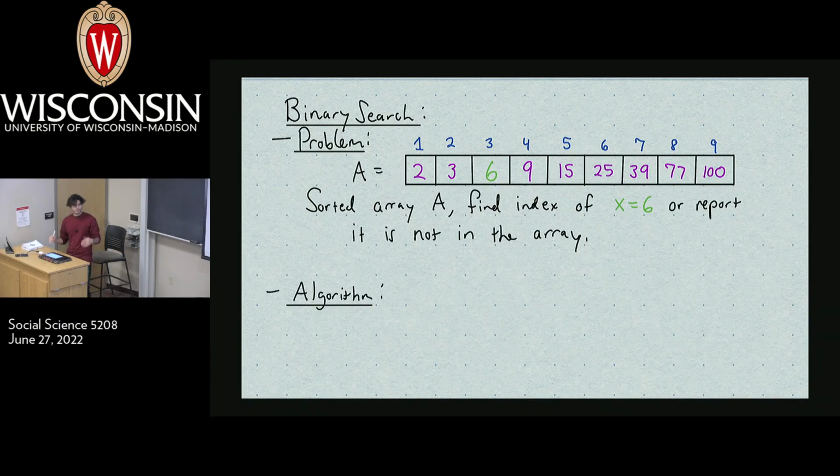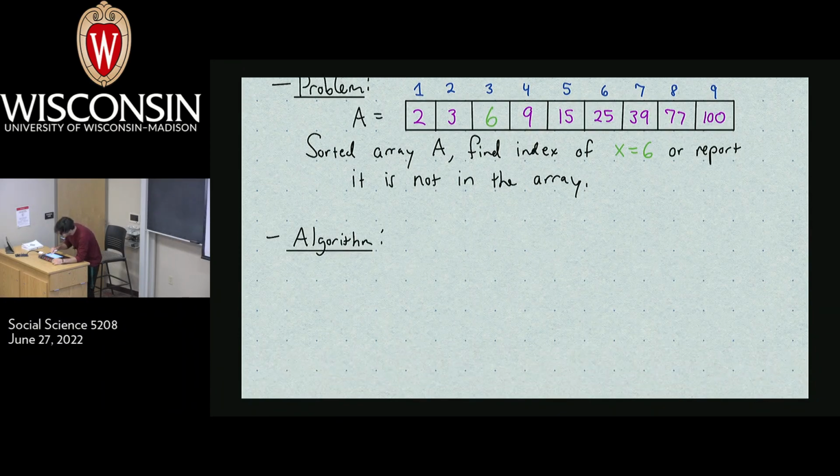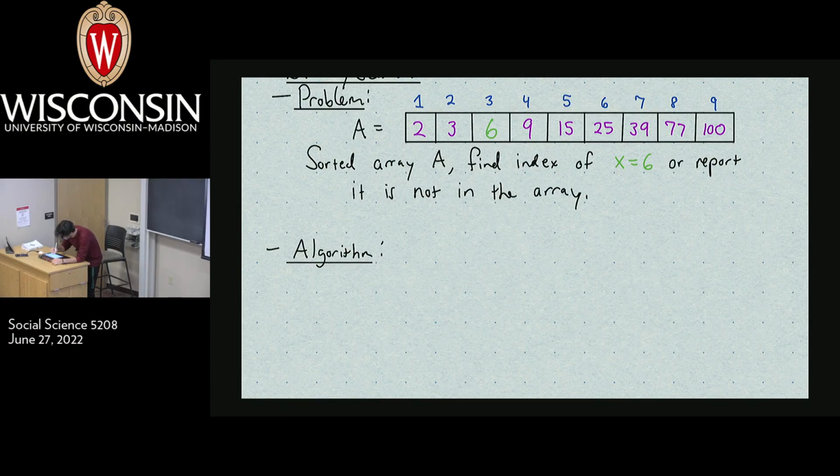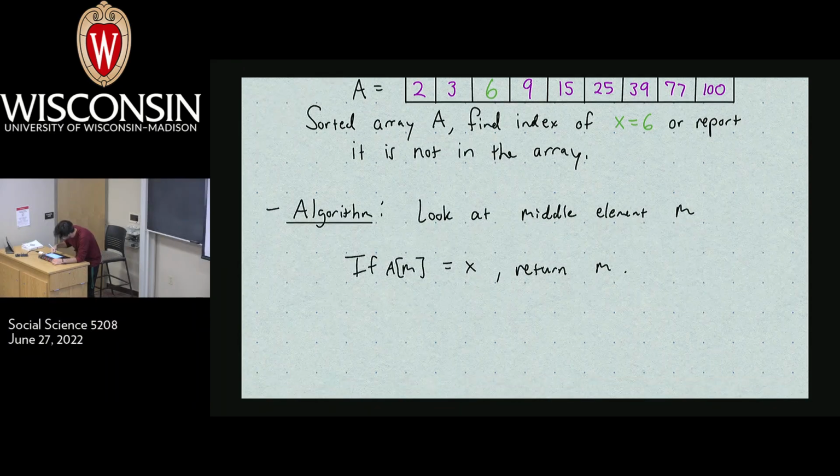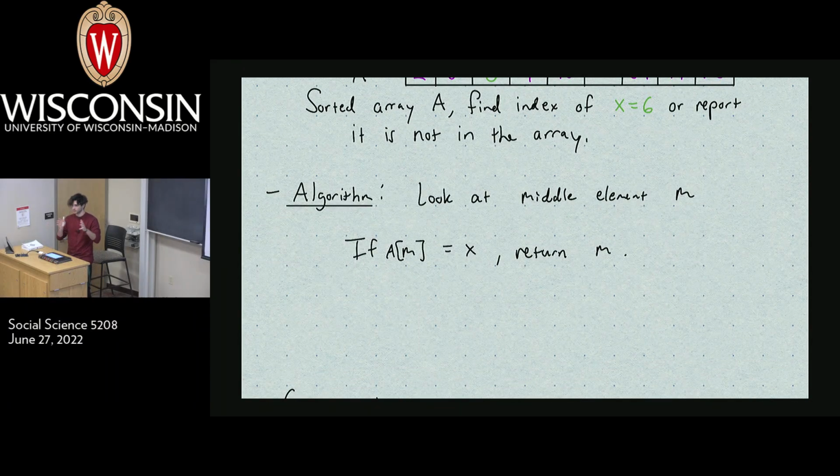How do you do this? What's the algorithm? Well, you're going to look at the middle element, M. If the array element at M is equal to X, then we return M. Otherwise, we're going to recursively search one half of the array.